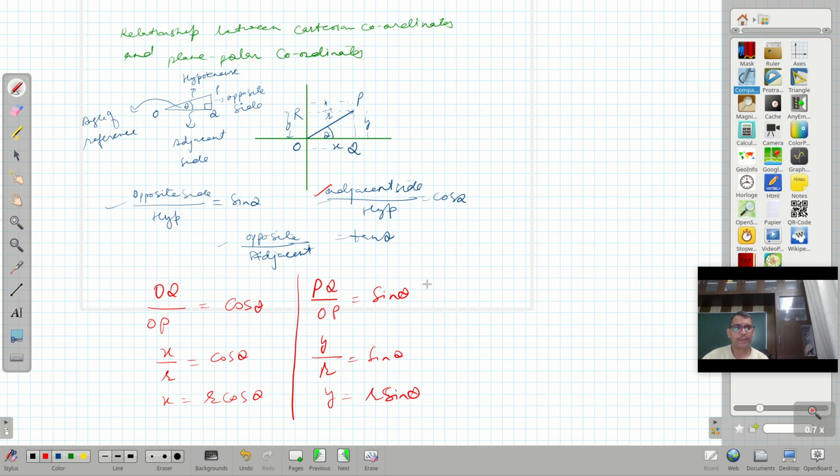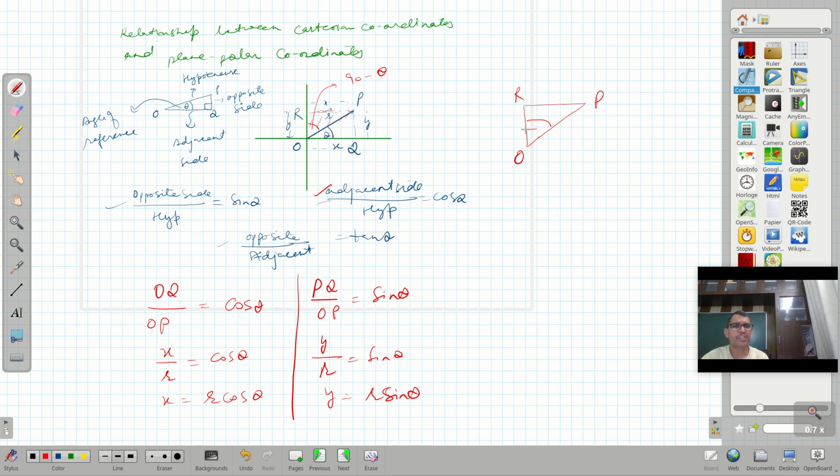Also, there is another way to look at this. Say I take this triangle, with this part I am considering. Say it is R, it is O, and it is P, and if this angle is theta, then this angle comes out to be 90 minus theta.